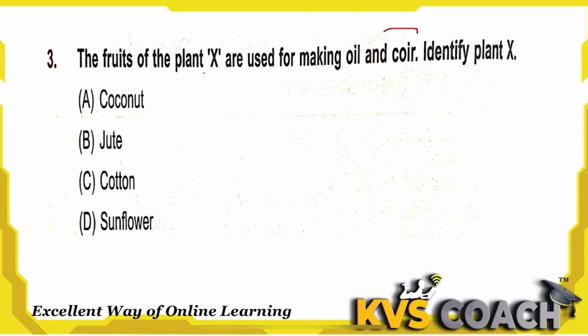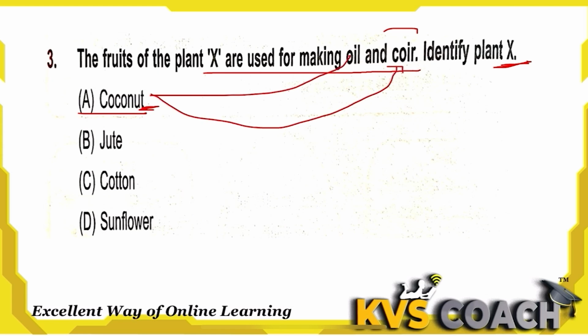Next question is, the fruit of plant X is used for making oil and coir. Identify plant X. Here we have option A, coconut. Coconut is the tree from where we get coconut fruit, and from coconut fruit we get coconut oil. Yes, this is right. And from the outer coat we get coconut coir also.